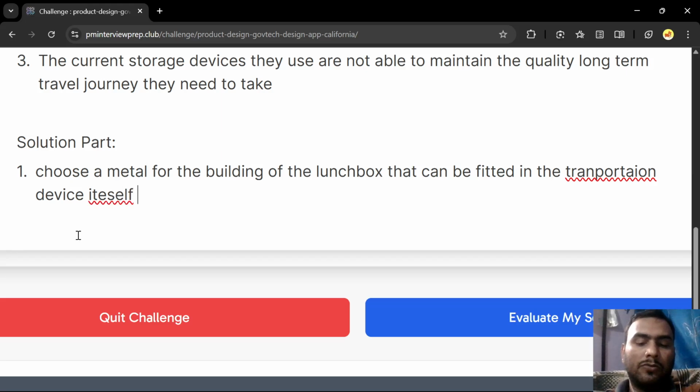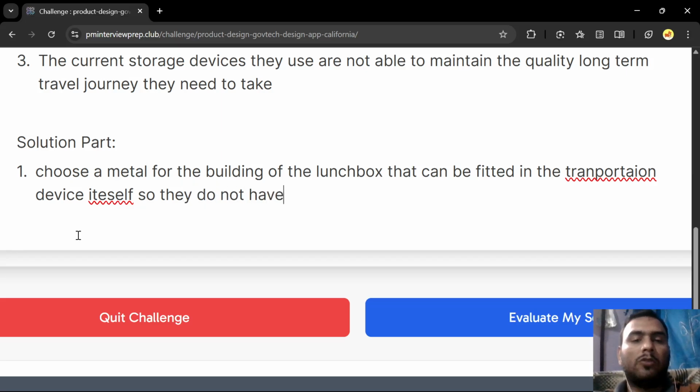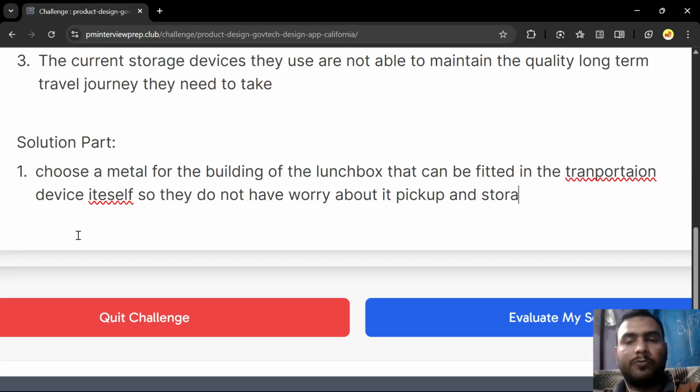So they do not have to worry about the pickup and storage part.